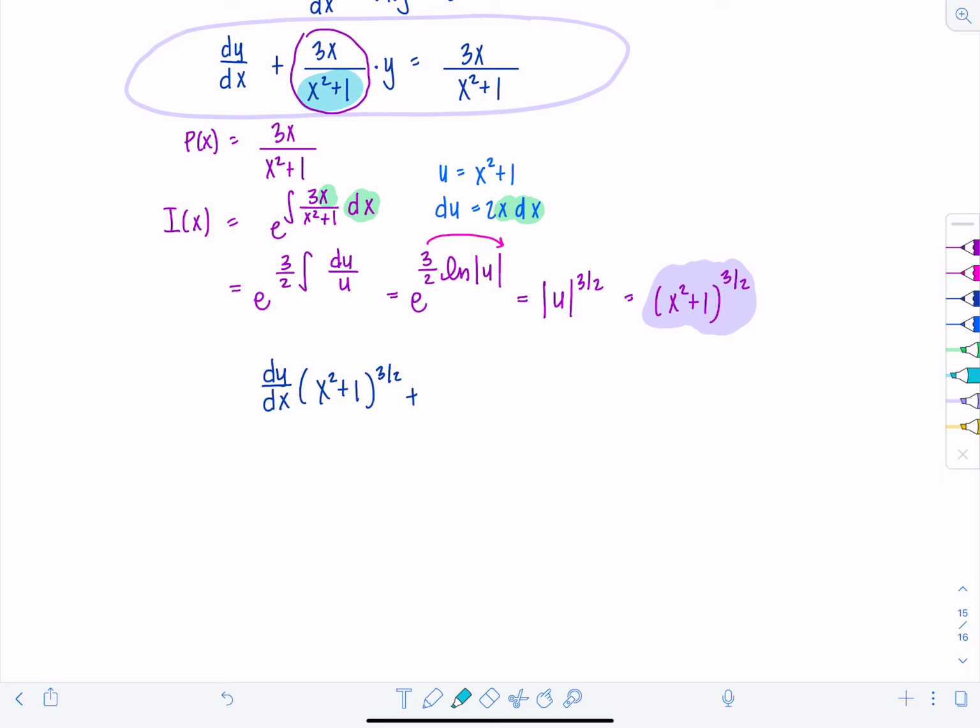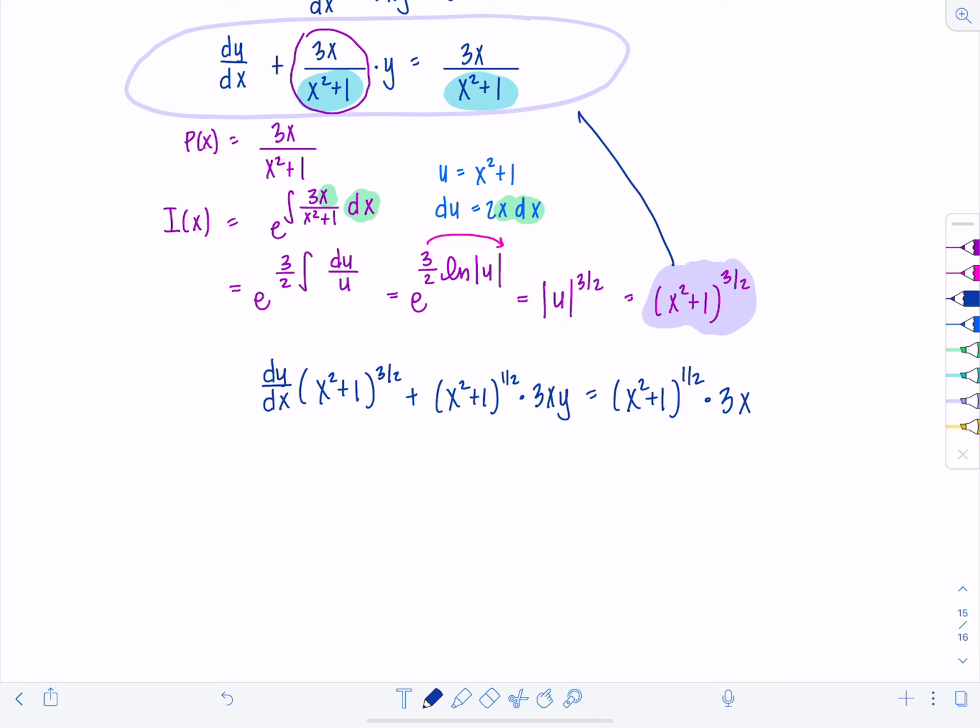So that's going to cancel, and I'm just going to end up with x squared plus 1 to the 1/2 times 3xy. And then this equals, again, on the right-hand side, notice the x squared plus 1 is going to cancel. So I just have x squared plus 1 to the 1/2 power times 3x. All right, multiplying that throughout there.